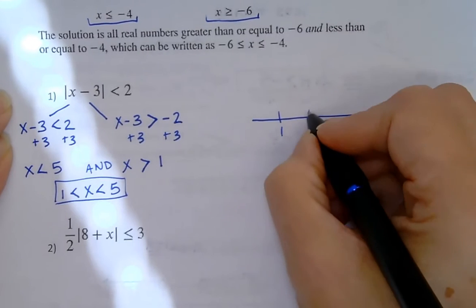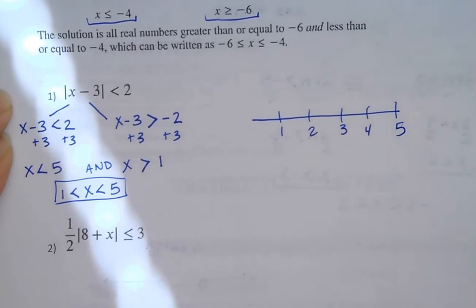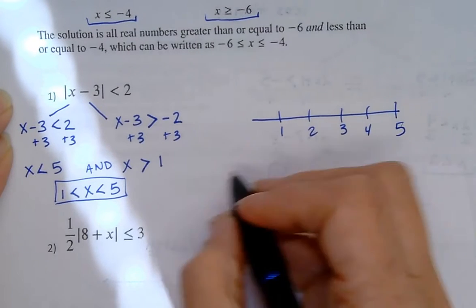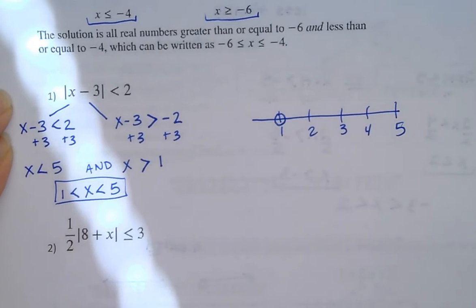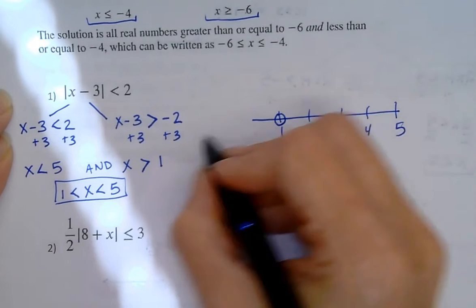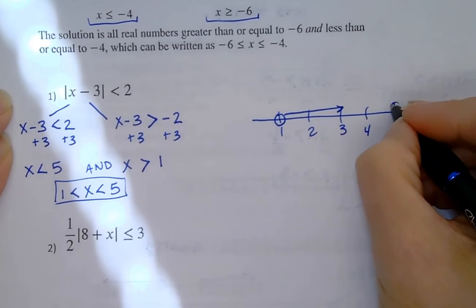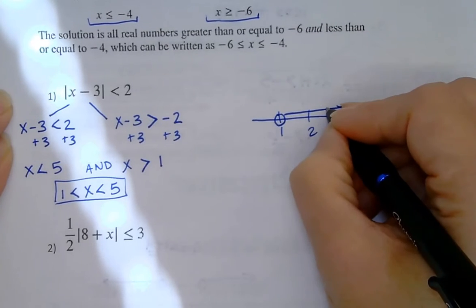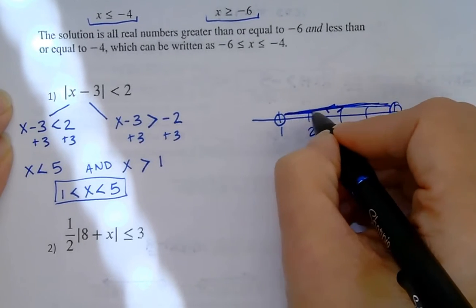So I'm going to make sure I have 1, 2, 3, 4, 5 on a number line like that. And so I'm going to say 1 has to be less than x. It's an open circle because it can't actually equal x. So I'm going to be bigger than 1, and also x has to be less than 5. And since it's an and statement, I want all of these things in between.